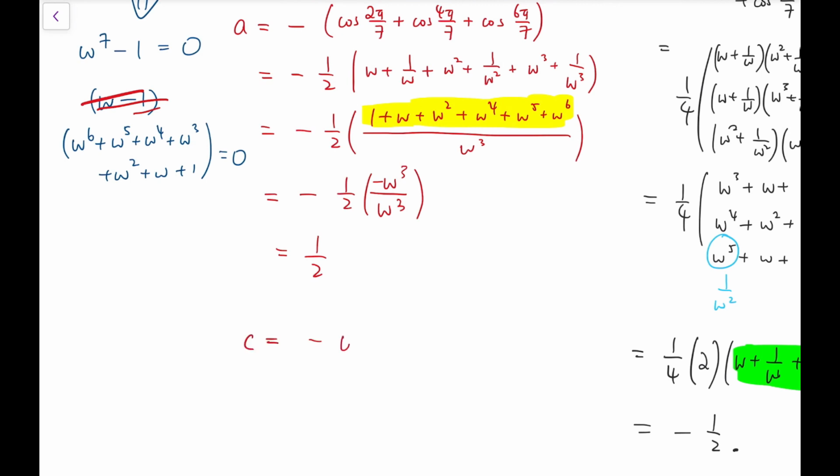So C is just minus the product of these three values of cosines. And then I'm going to use the same trick. This time we have -1/8 times these sums.